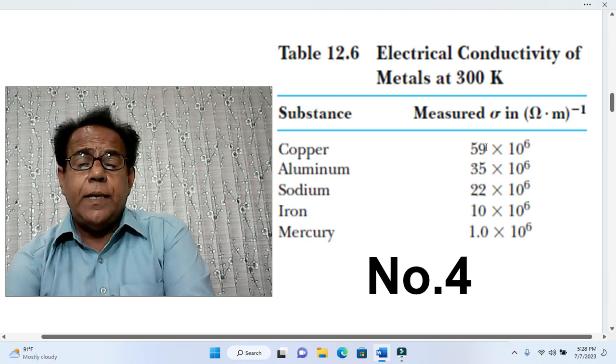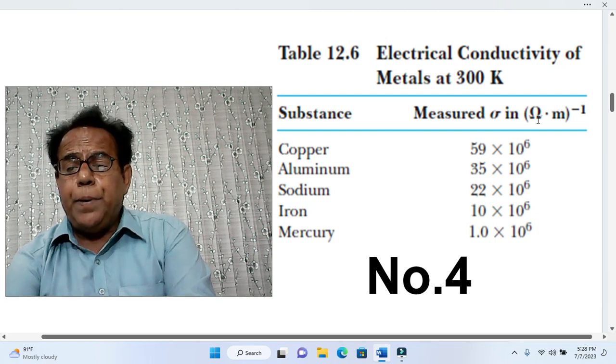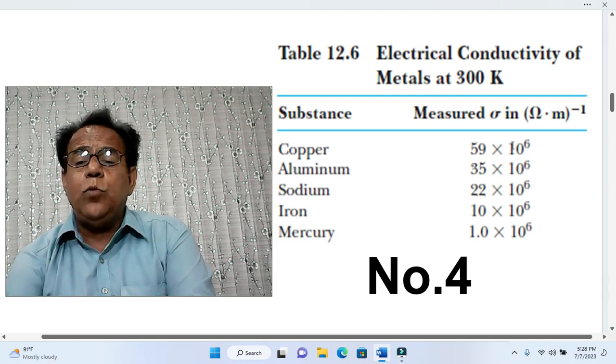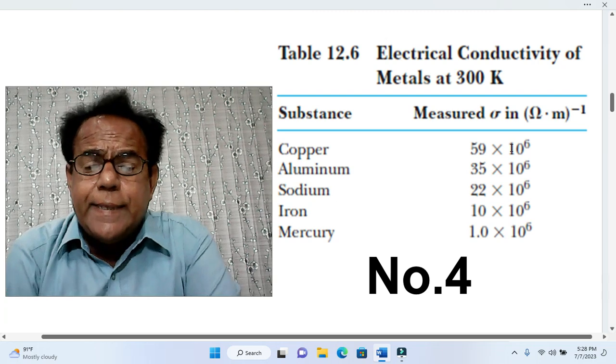Okay, this value, dear students, copper 59 into 10 raised to the power 6 per ohm per meter, is given in the statement, so we primarily do not need this table.